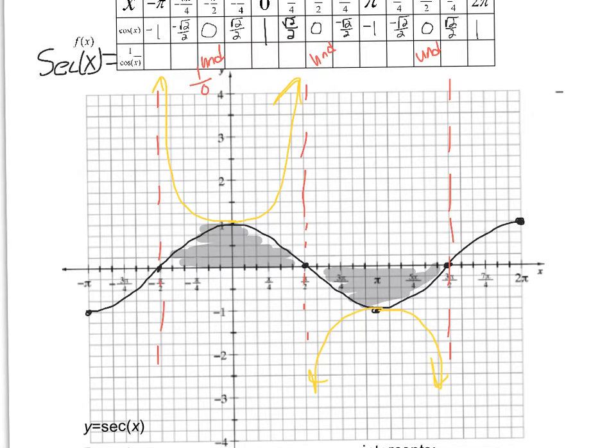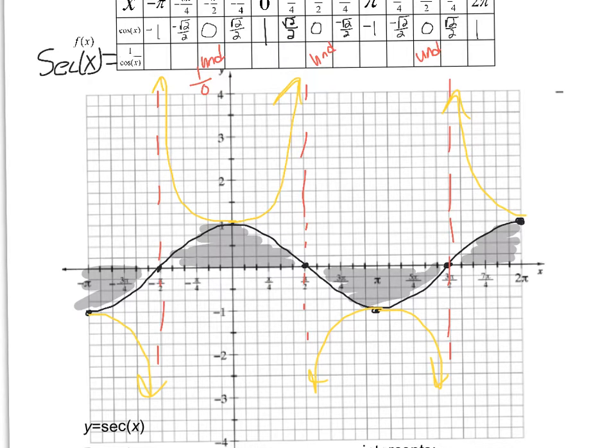And another partial hump, that's going to create a partial bucket. And lastly, we've got a partial bucket here for the cosine. That's going to create an upside down partial bucket for the secant.